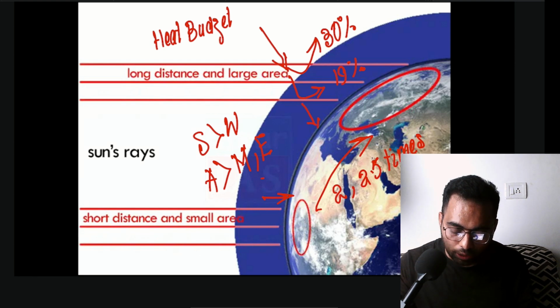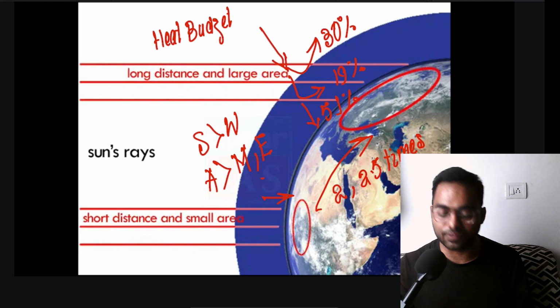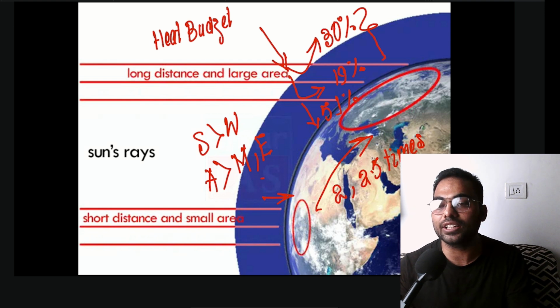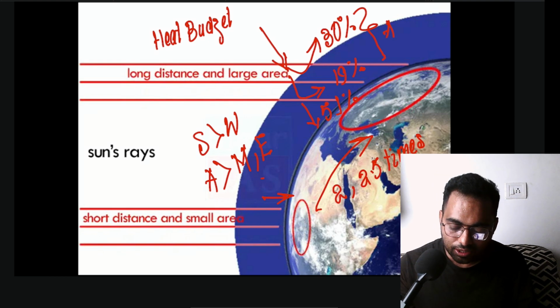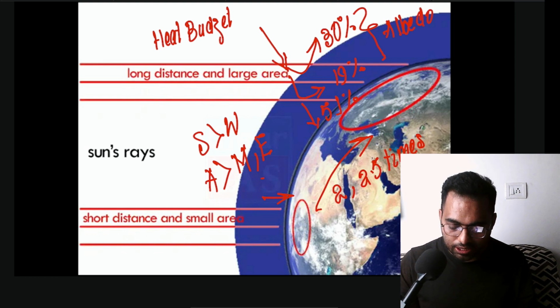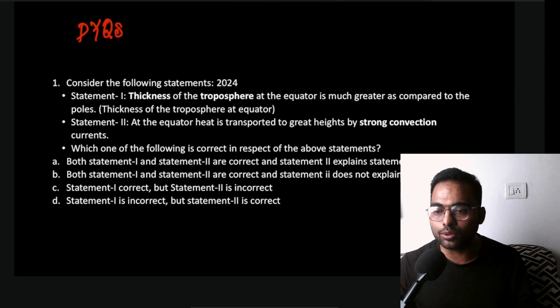And only 51% reaches the earth's surface. This reflectivity by the earth's surface is referred to as albedo. So let's begin with the previous year question papers to test our understanding.